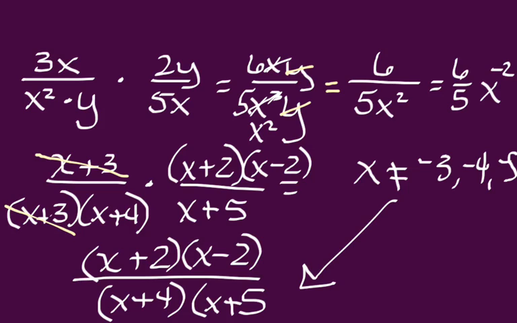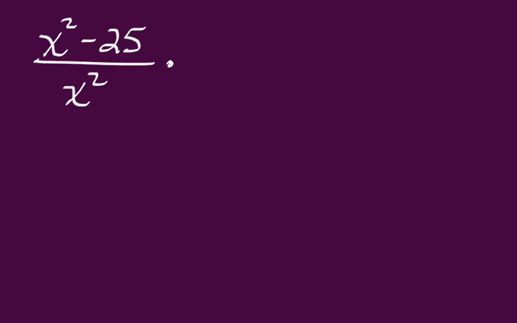All right, let's take a look at division. I'm going to start out with x squared minus 25 over x squared, or excuse me, this is division, divided by x plus 5, over, or excuse me, I wrote that wrong, let me back that up. x plus 5 divided over, let's just say 3x.